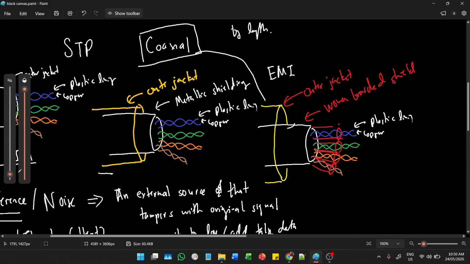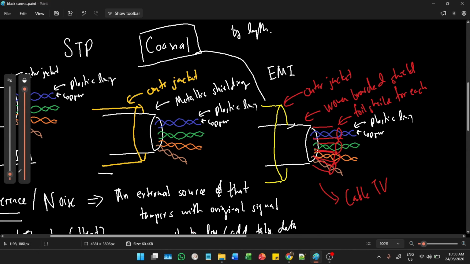And finally, we have a foil shield for each twisted pair. Where do we use coaxial? Well, coaxial is used for cable TV mainly, and hence it is very susceptible to impulses, meaning lightning strikes and so on and so forth.